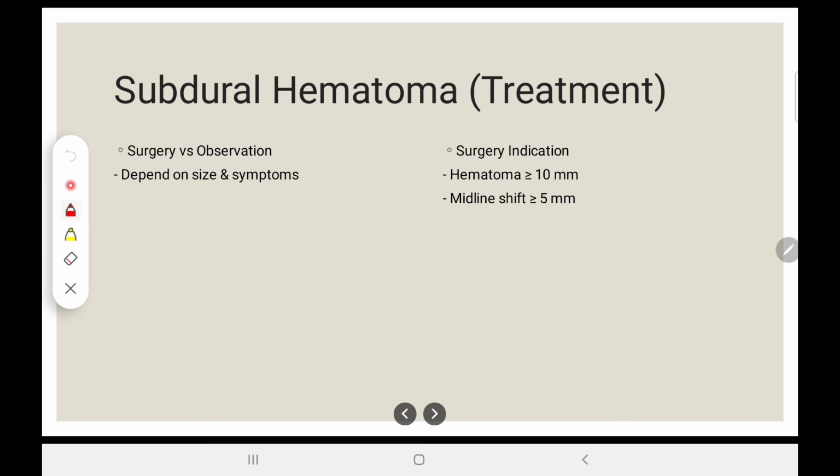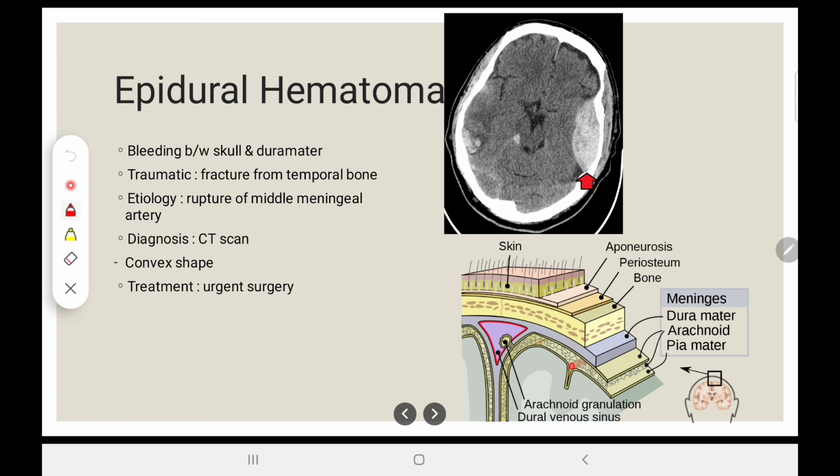How is the treatment? The treatment is surgery versus observation, depending on size and symptoms. What is the indication for surgery? Hematoma more than or equal to 10 mm and midline shift more than or equal to 5 mm.